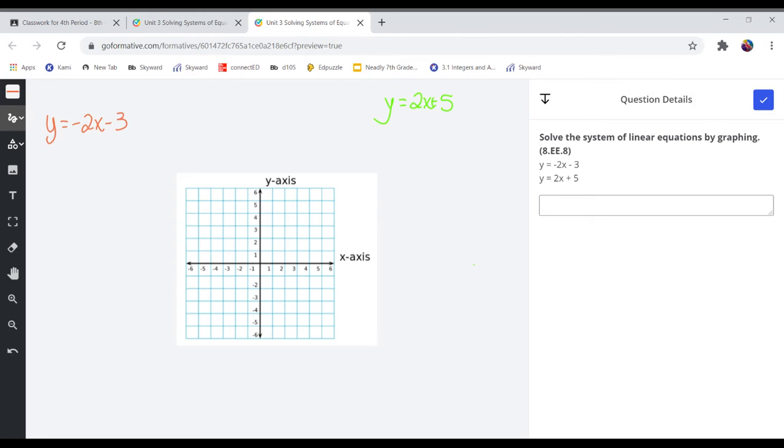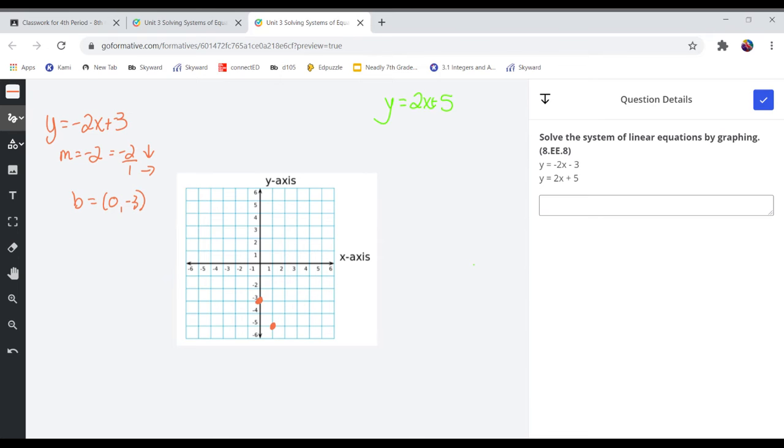So for the first equation, there's subtraction, so I'm going to add and make it into a negative 3. And I'm going to identify my slope, which is a negative 2. Negative 2 divided by 1, so that means I'm going to go down 2 to the right 1. Then for my b value, my y-intercept, that's at 0, negative 3. So I'm going to plot 0, negative 3, and then go down 2 to the right 1.